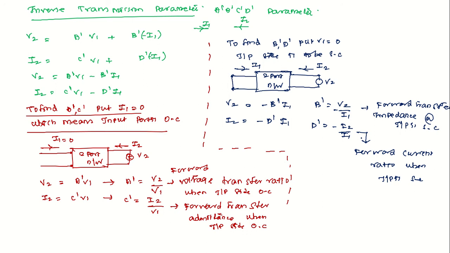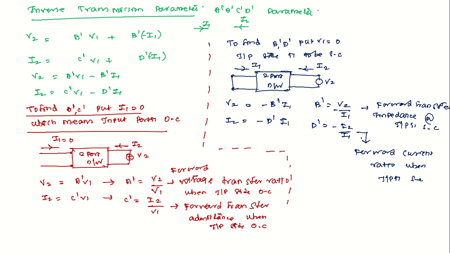Output current by input current is called the forward current ratio. Input current by output current is called the reverse current ratio. Output voltage by input voltage is called the forward voltage ratio, and input voltage by output voltage is called the reverse voltage ratio.